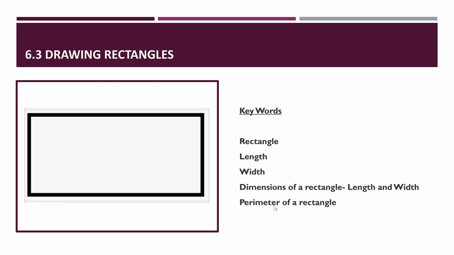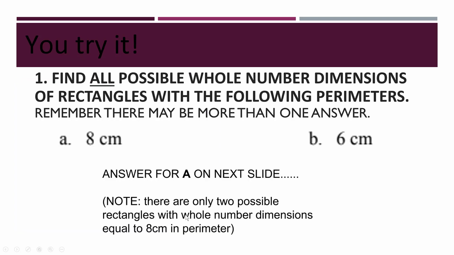Something to keep in mind when drawing a rectangle is to draw the length and the width, and keep track of the dimensions, making sure that two sides have the same length, and the other two sides also have the same length. Okay, that they are equal.